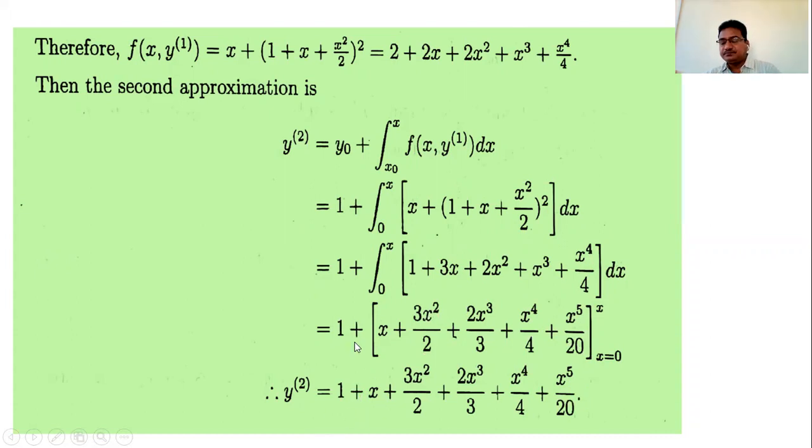This is y2. Either this is wrong or this is wrong, because both are f of x y1, which is x plus y1 square. So correct these two answers; both must be the same.